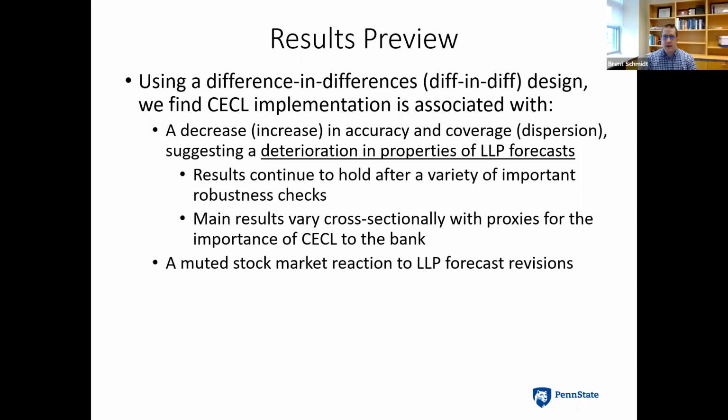Yeah, so if I can restate the question, I think it's whether this is a result of not understanding exactly what will be coming out of the accounting system under CECL, versus forecasting actual economic losses.